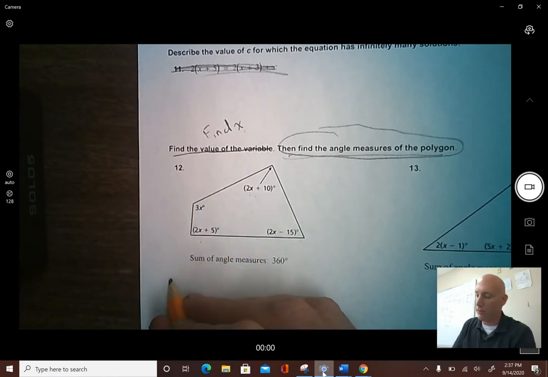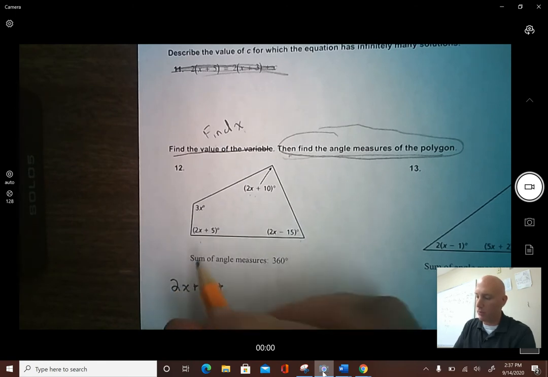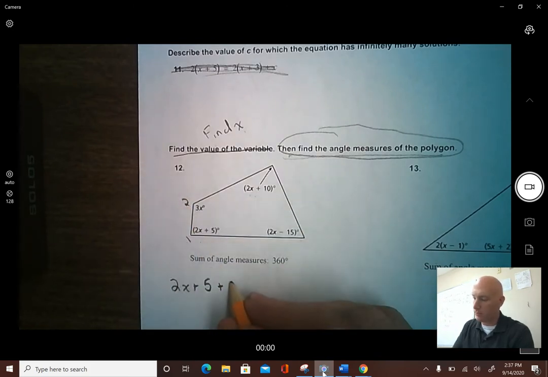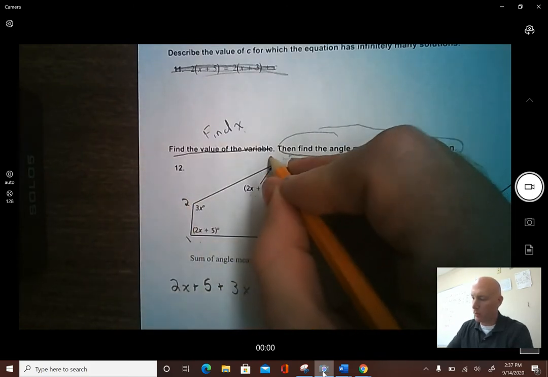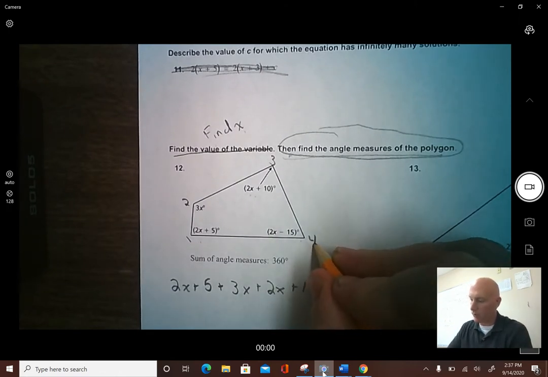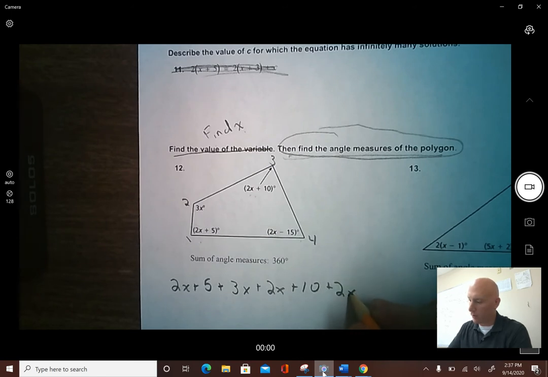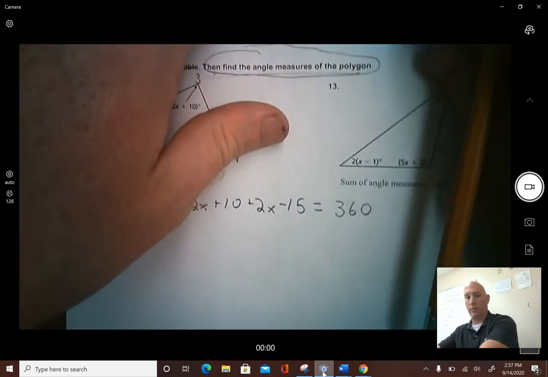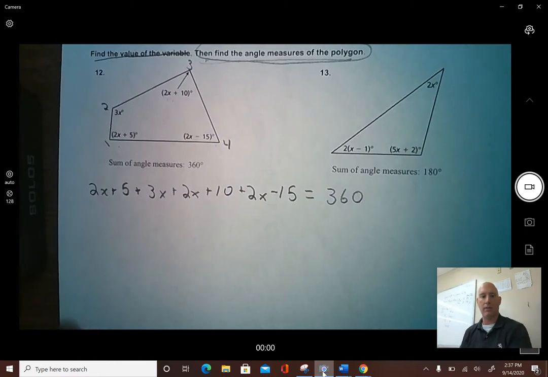So I have the first angle, which is 2x plus 5, plus the next angle, which is 3x, plus the third angle, which is 2x plus 10, plus the fourth angle, which is 2x minus 15, all must add up to 360. Okay, let me move this up because I see my screen getting in the middle.